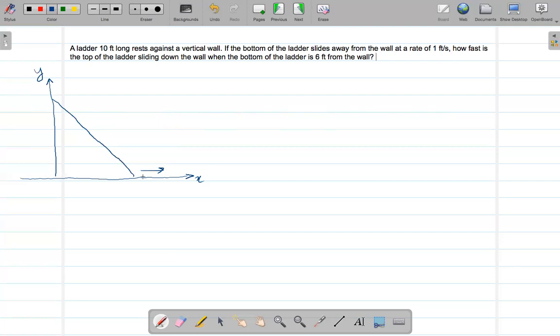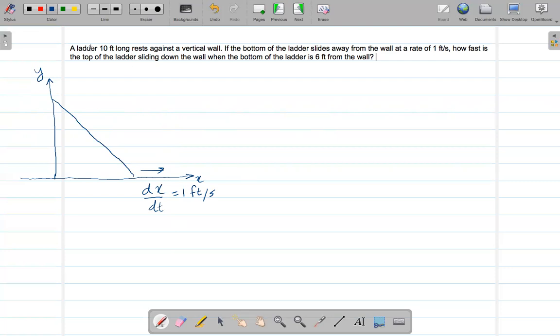Since it is sliding on the x-axis to the right, the length from the origin to here is increasing. The rate of change is on the x-axis, so we say that dx over dt is 1 foot per second.